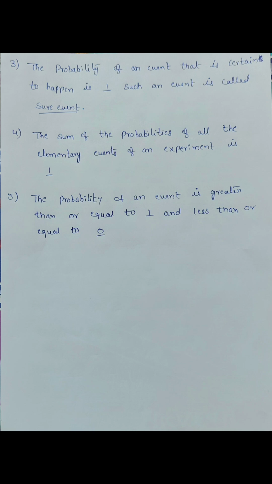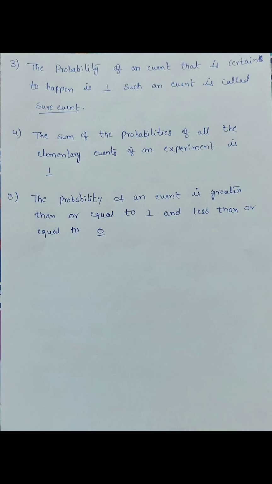Next point, the sum of probabilities of all the elementary events of an experiment is 1. I repeat, the sum of the probabilities of all the elementary events of an experiment is 1. Fifth point, the probability of an event is greater than or equal to 0 and less than or equal to 1.